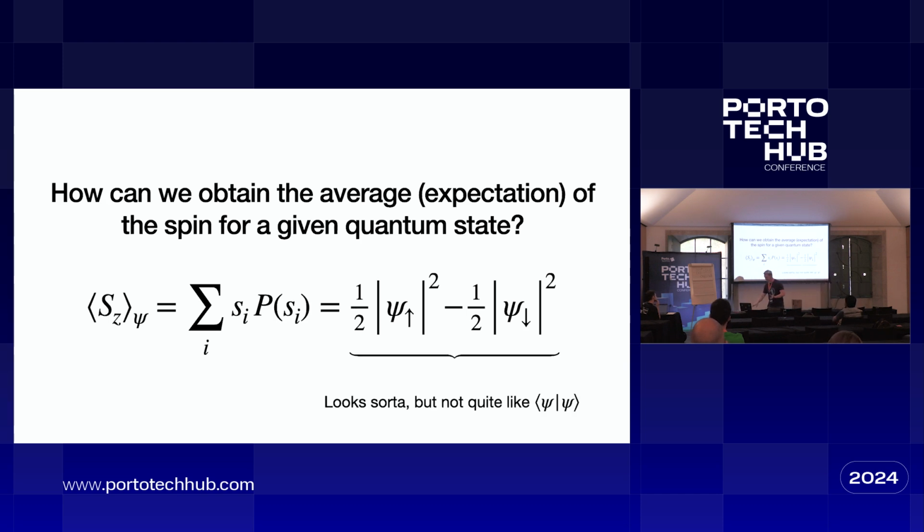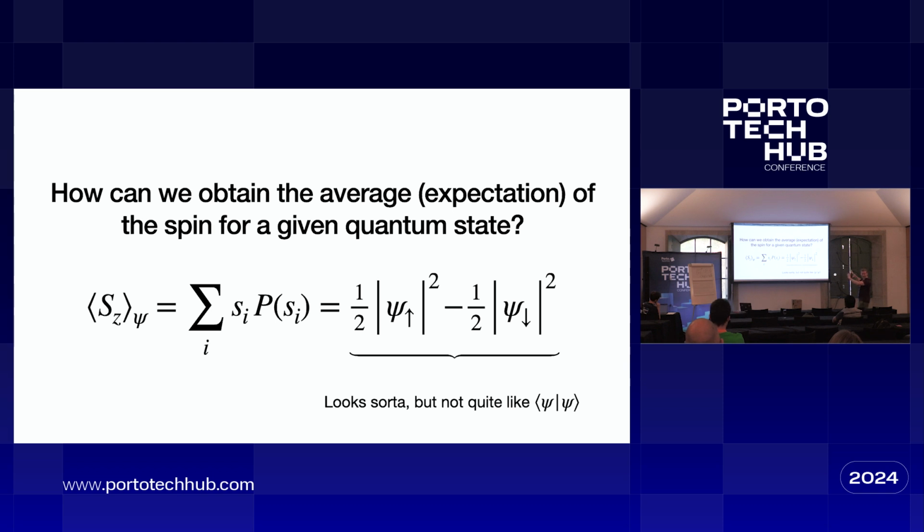Now that's not the answer, right? If you squint, this looks sort of kind of like the inner product of psi and psi, because it has these amplitudes squared in there. So we're expecting that our formula for the expectation value of a quantum state is going to be something like this, but with something else.